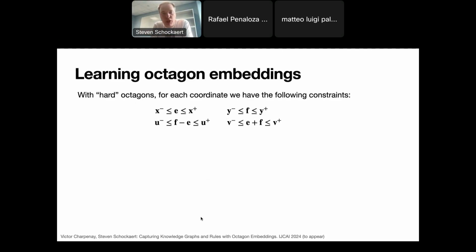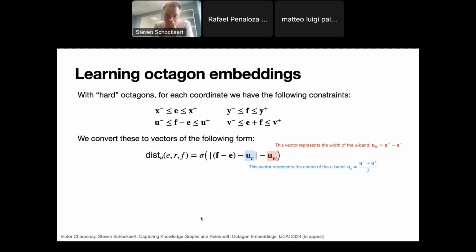An octagon has 4 sets of constraints, right? So you have the X constraints, which are the domain constraints, the Y constraints, which are the range constraints, the U constraints, which are the TransE-like constraints, and then the dual, the other 45-degree angle constraints. So that's what we have to capture. Now, these are hard constraints, but when we learn the model, of course, we have to make everything differentiable, and we need to have a soft approximation of these octagons. So we take this approach.